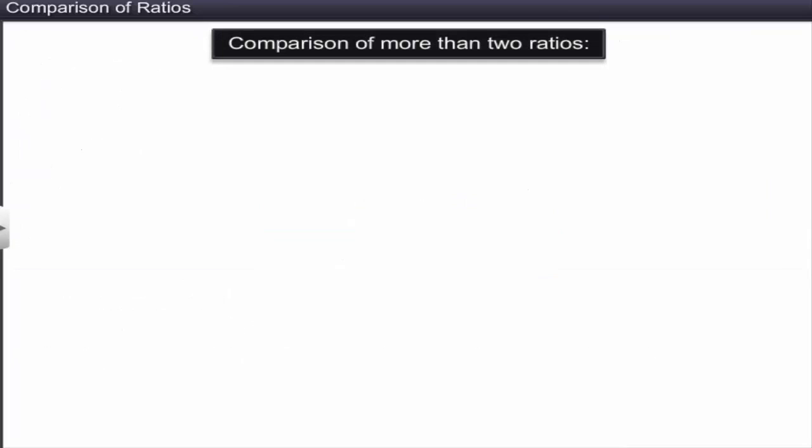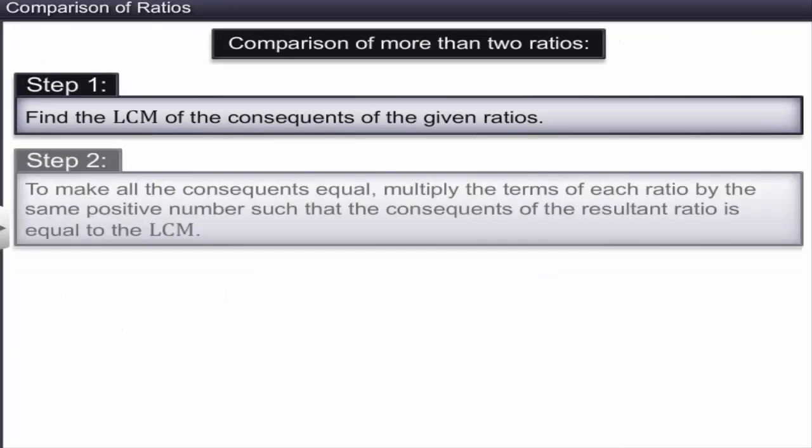To compare more than two ratios, the first step is to find the LCM of the consequents of the given ratios. Now, make all the consequents equal. For this, multiply the antecedent and the consequent of each given ratio by the same positive number such that the consequent of the resultant ratio is equal to the LCM.